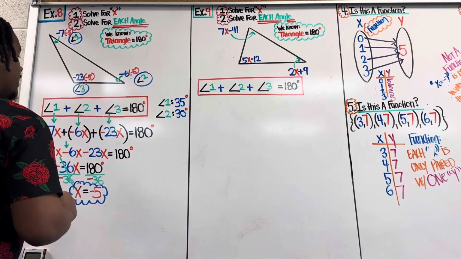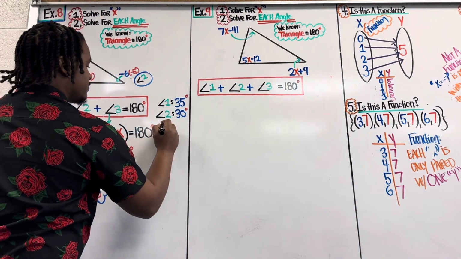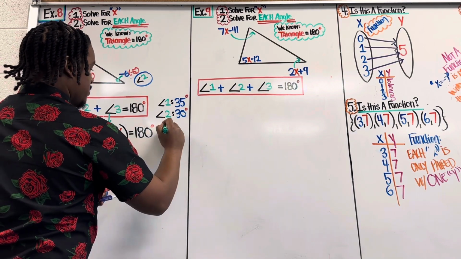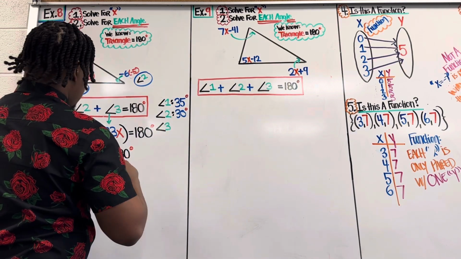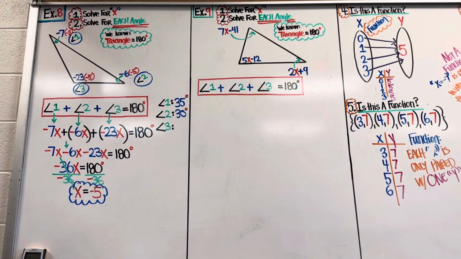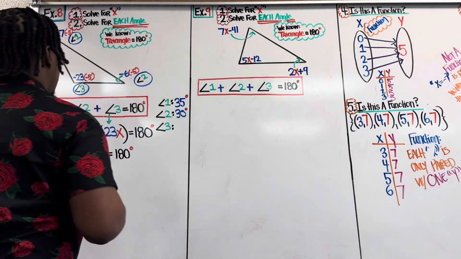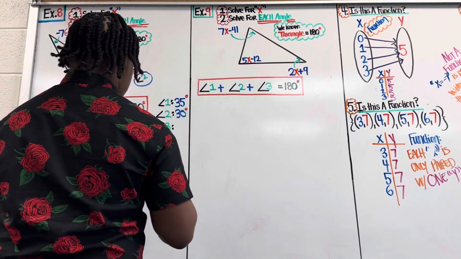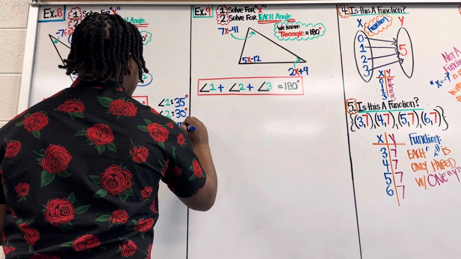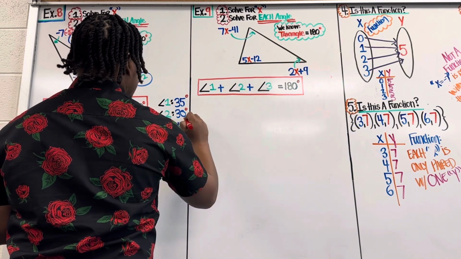And then angle 3: negative 23 times negative 5. I believe 20 times 5 is 100, and 5 times 3 is 15, so that's 115. So that's a positive 115.